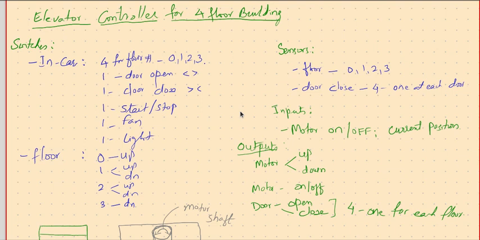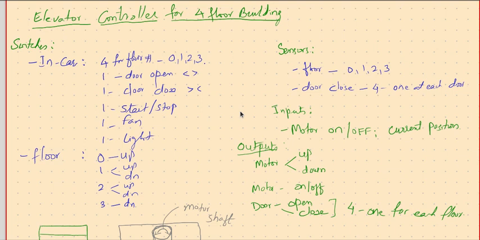So how does the whole thing start? Let's assume we have entered a four-story building. We are on some floor, and we want to make use of the elevator because we want to change our floor position. So what is required?